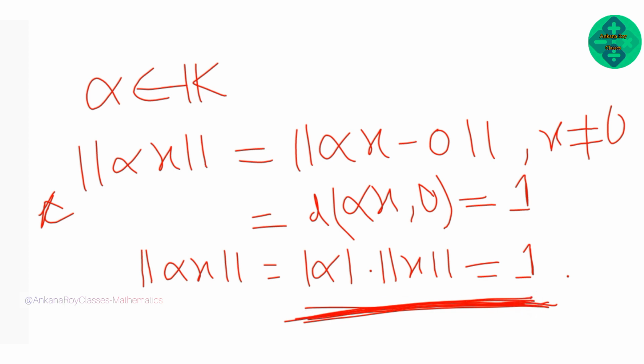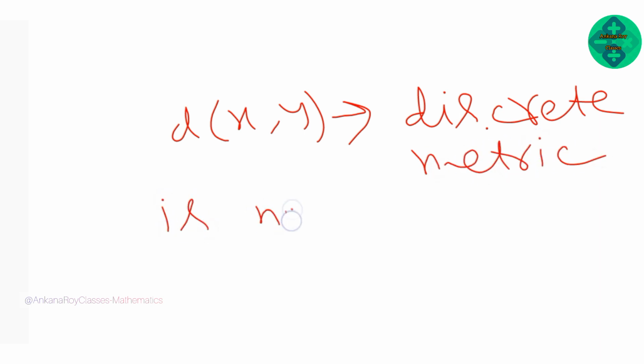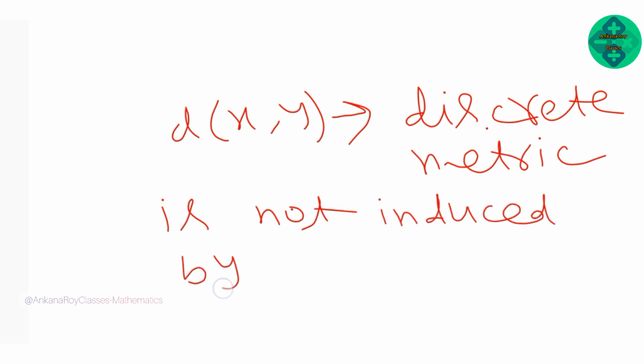That is, this metric space is not a normed linear space. The discrete metric d(x, y) is not induced by a norm.